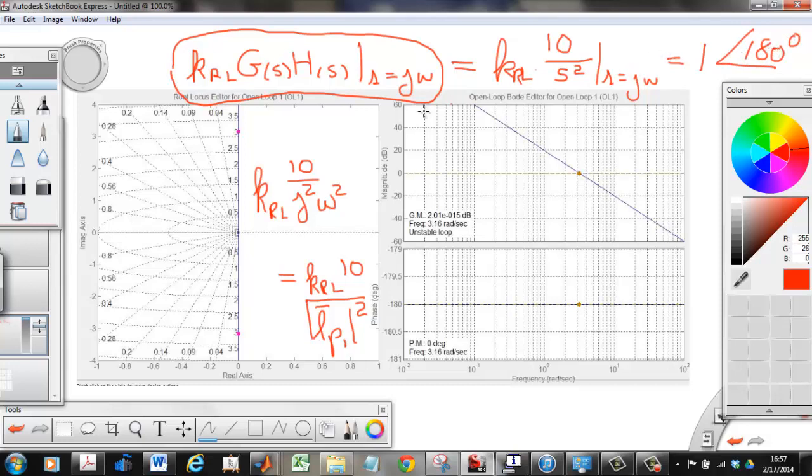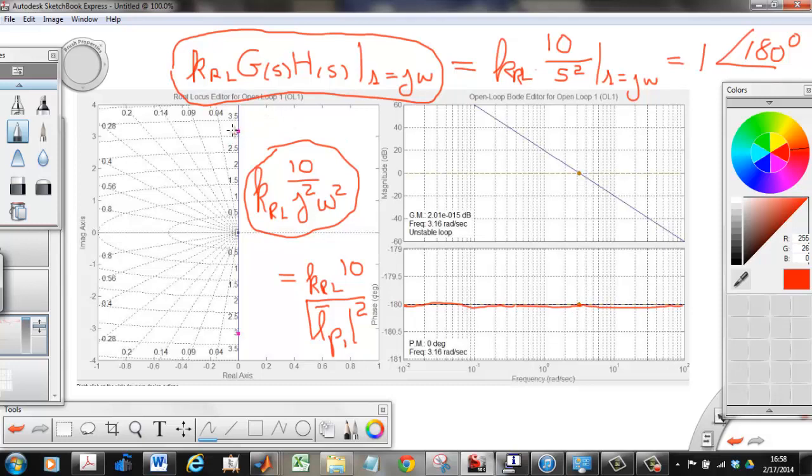So when I substitute my j omega, I will get K_RL over 10 over j squared, 1 over omega squared. j squared is minus 1, and that takes care of the angle. So my angle is minus 180 degrees, and therefore my angle of 180 degrees puts me on the root locus.